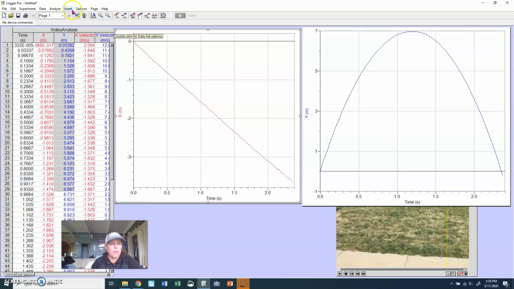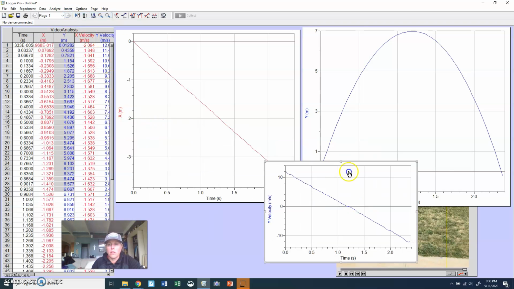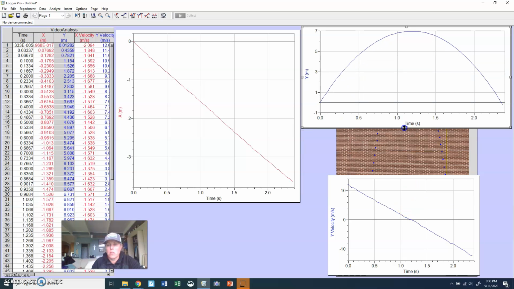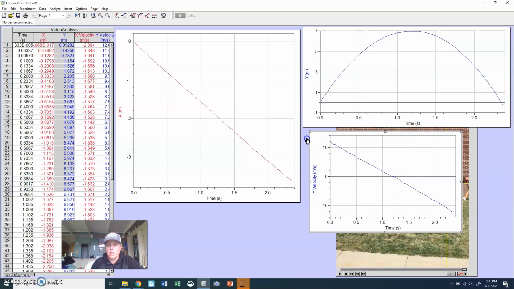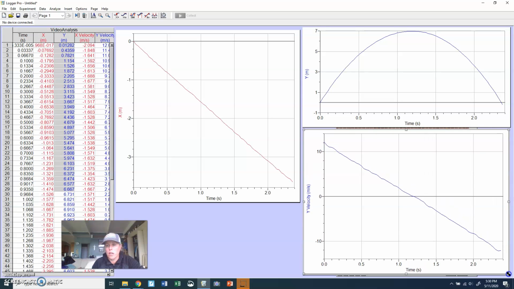So let me insert another graph. And this is actually what I'd want to do. Let me see if I can shrink this. So that's position versus time. Now this is velocity versus time.